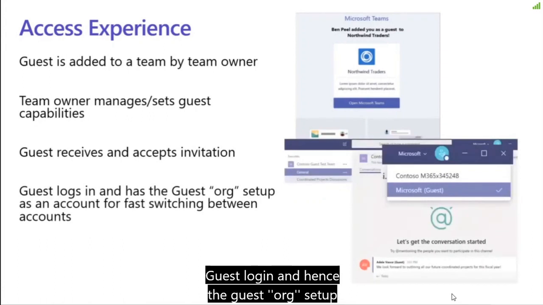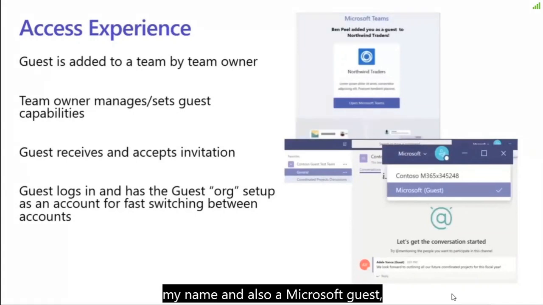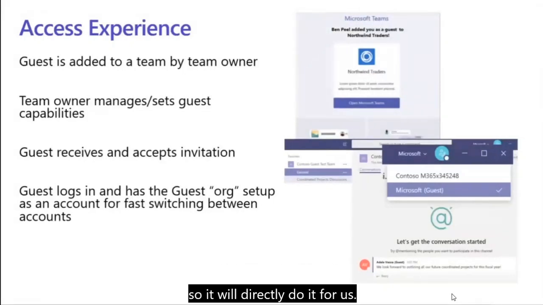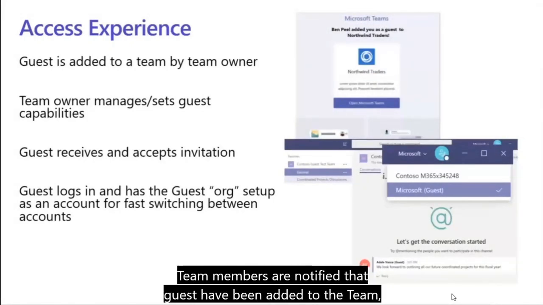The guest logs in and has the guest org set up as an account for fast switching between accounts. On the right-hand side, you can see I have my name and also a Microsoft guest account, and I can switch which account I would like to use, so it will directly do it for us.